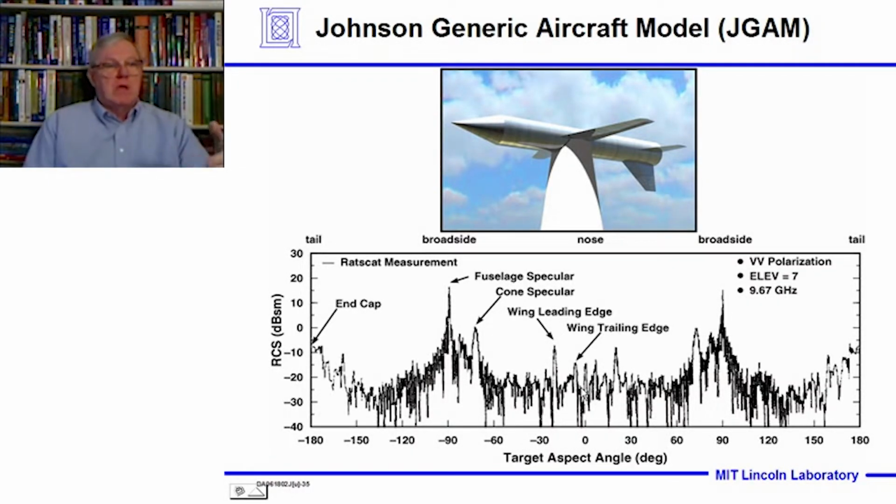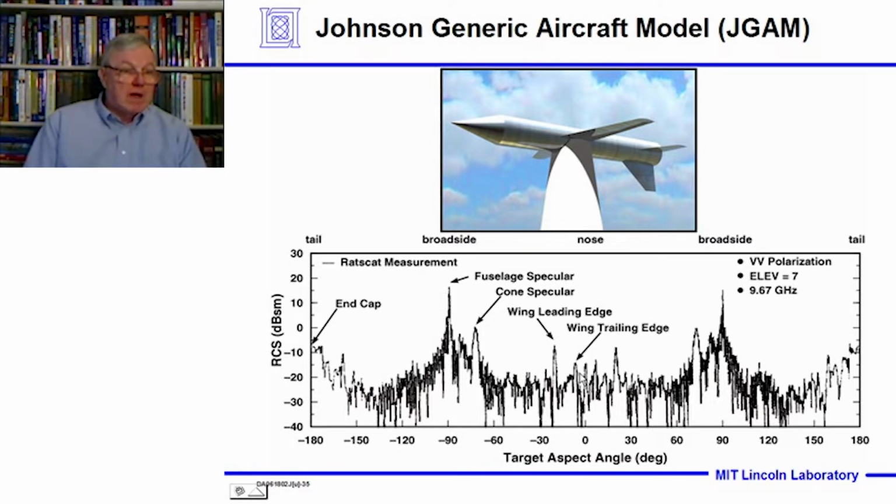And then as you sweep around, you're going to see a set of surfaces that we've talked about before, okay? Either we've got an edge that's going to give us some cross-section, like those leading and trailing edge scattering, or it's going to be a broadside effect, okay?